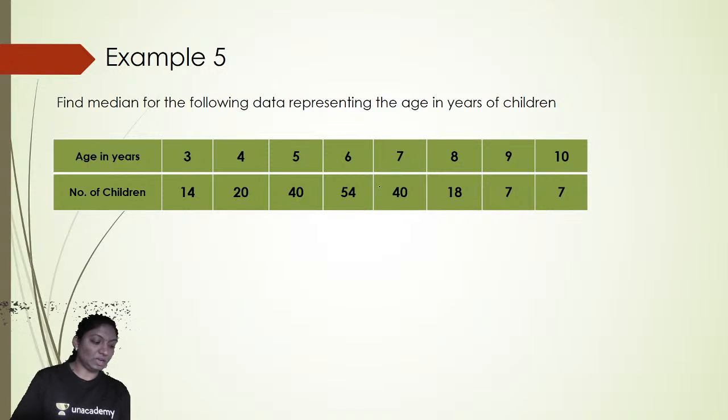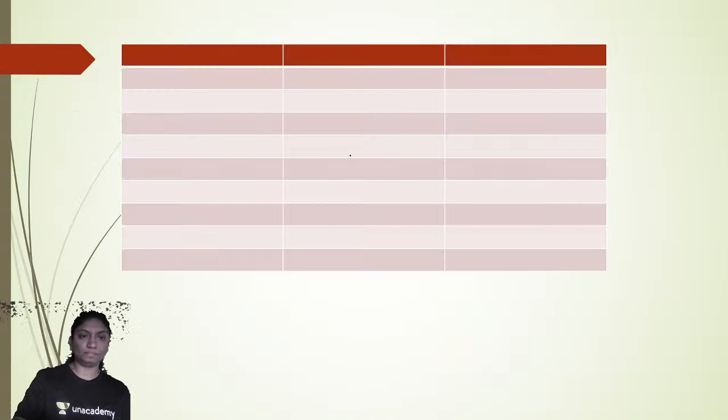Okay. So we will arrange the data in this form. Age you can write as x, and number of children as a frequency.